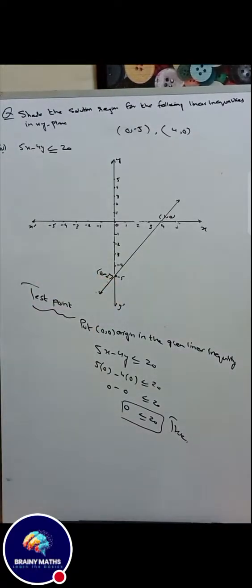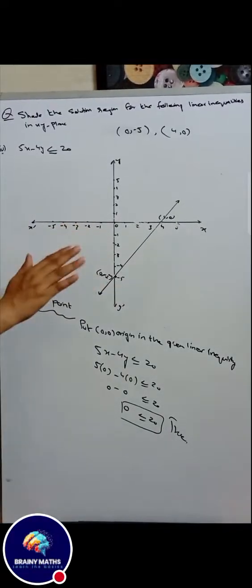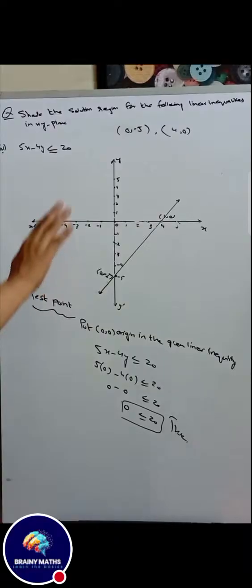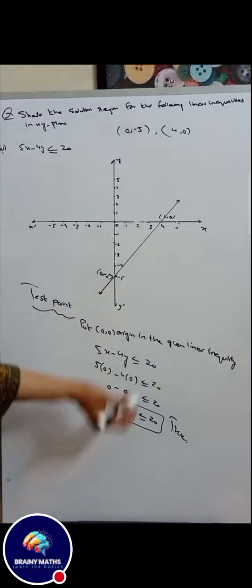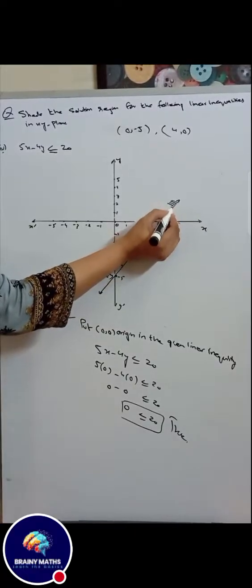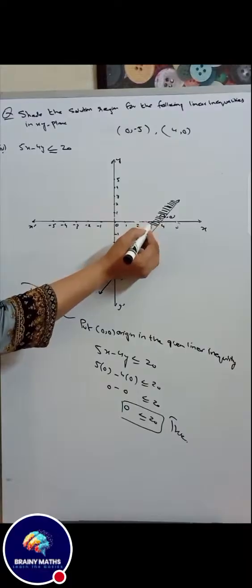Now, wait. Now, is this true or false? Yes, it is true. Whenever it is true, then the shading area will be towards the origin. And when it is false, the shading area will be away from the origin. So since it is true, we will shade the area towards the origin, inside.